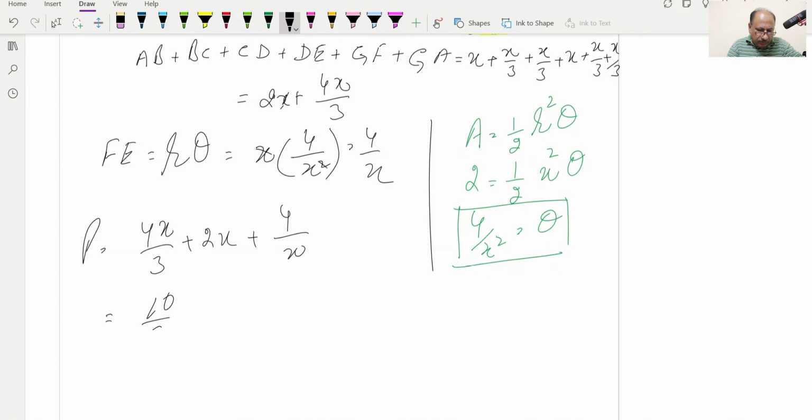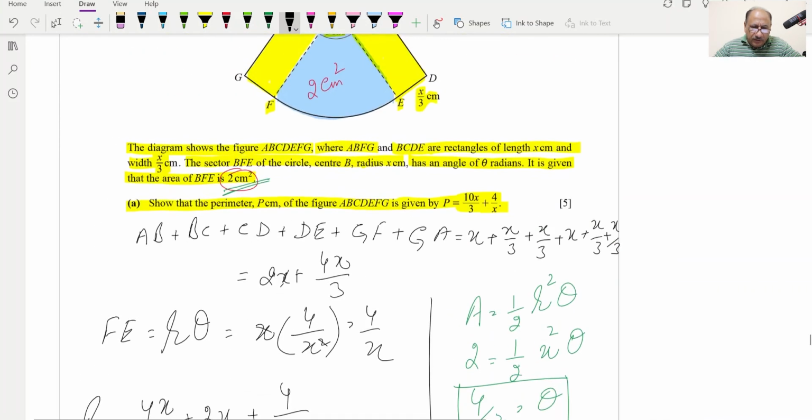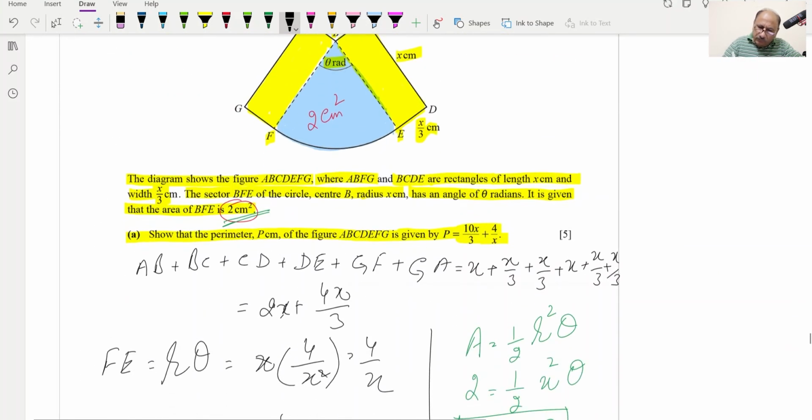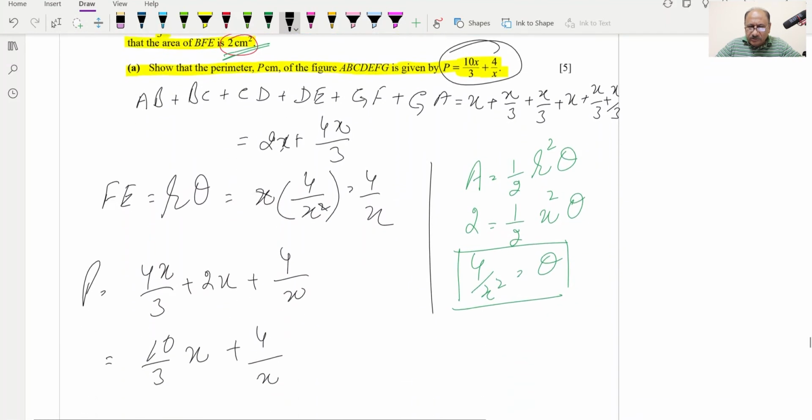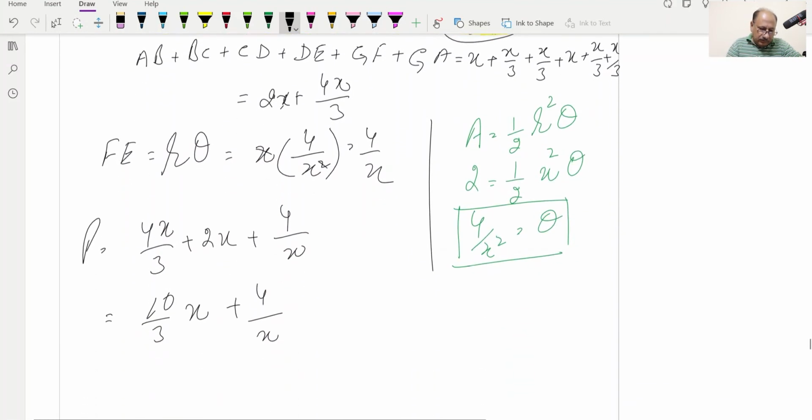So it will be 10 over 3 x plus 4 over x. This will be the perimeter, and we have to show this one. P is equal to 10x by 3 plus 4 over x.